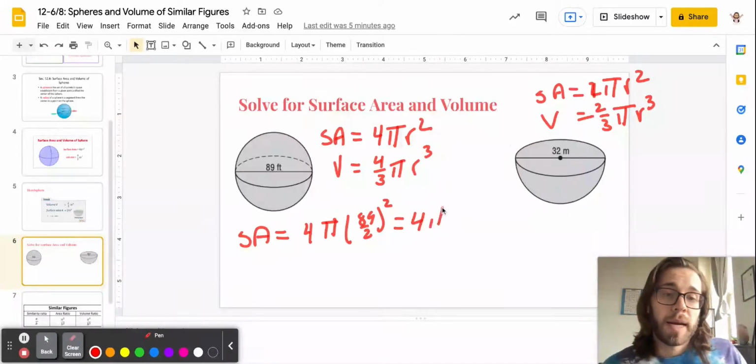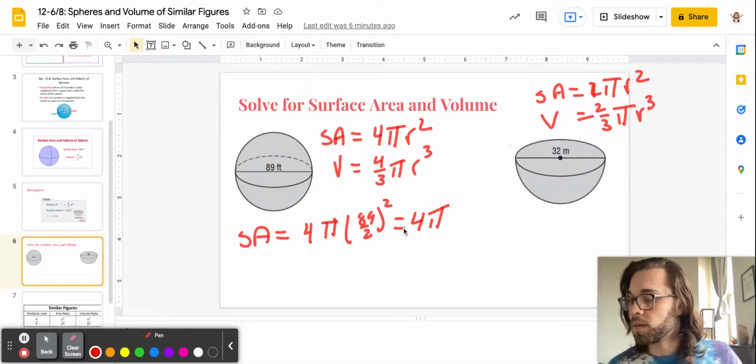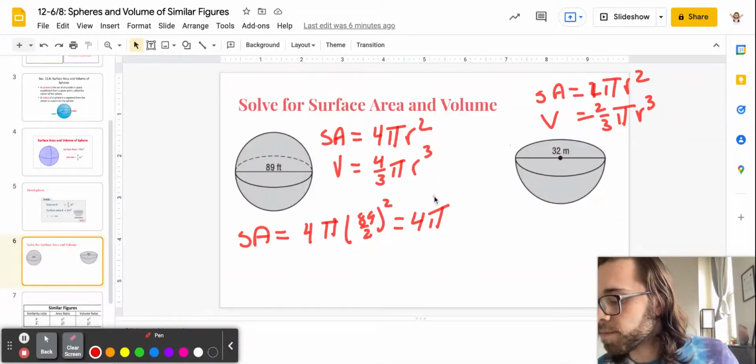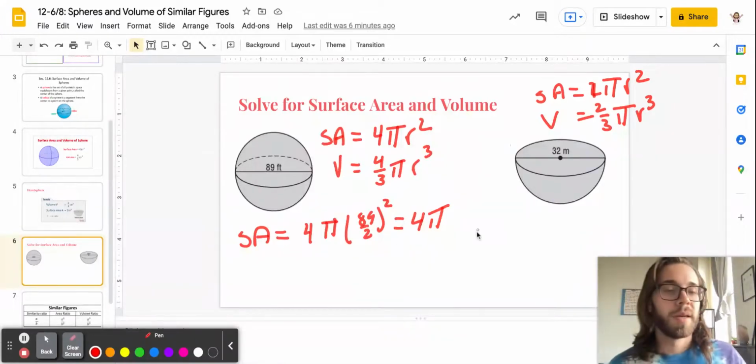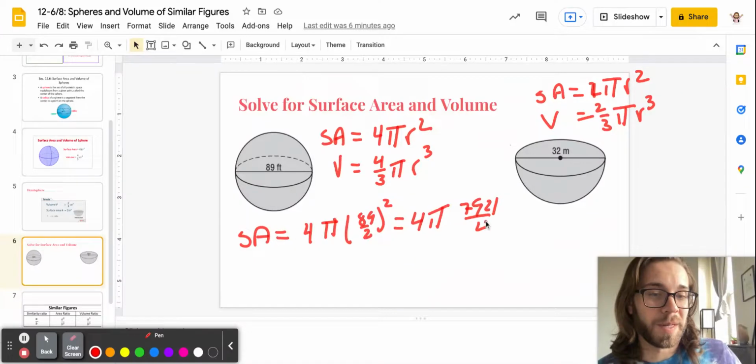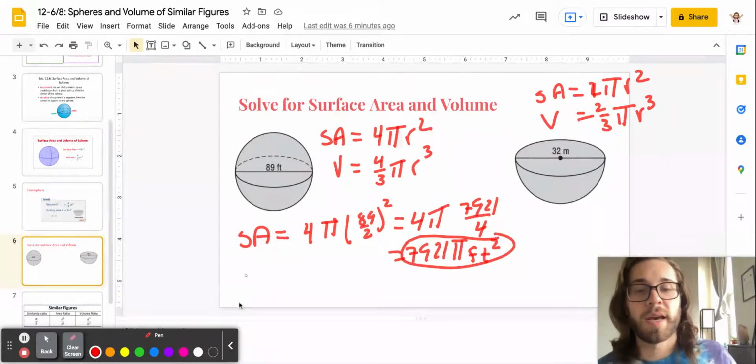So 4 pi, what is 89 squared? 7,921 over 4. The 4's cancel, so that just leaves you with 7,921 pi feet squared. There's your surface area.